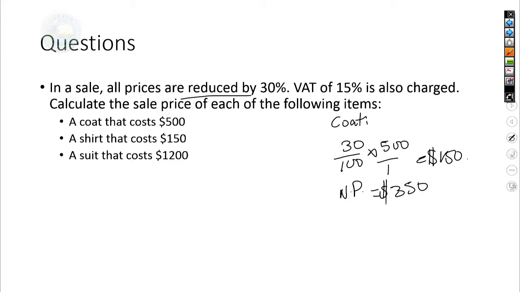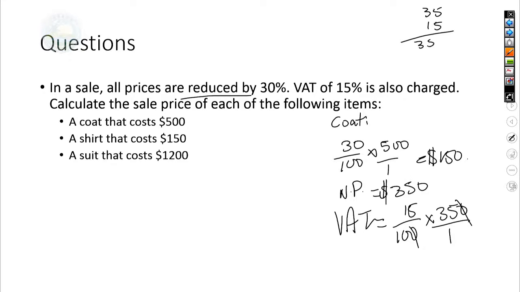Now, if the new price is $350 and VAT is added to this price, then the amount of VAT that we'll have to pay will be on only $350. So then that would be 15 over 100 multiplied by 350 over 1. 35 by 15.